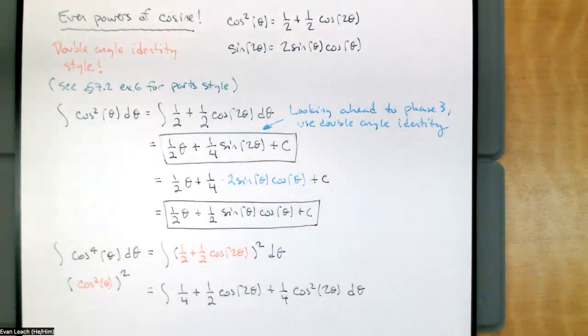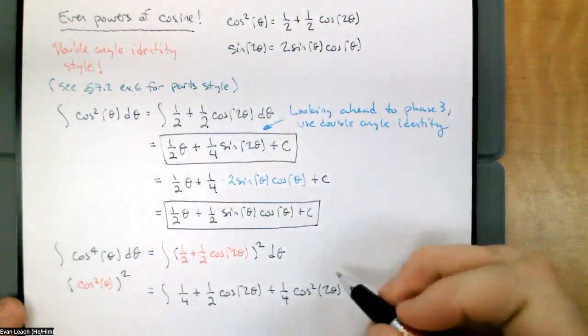So once I multiply all this out again, I get a cosine squared show up again. But our strategy is the same. Replace the cosine squared with a double angle identity.